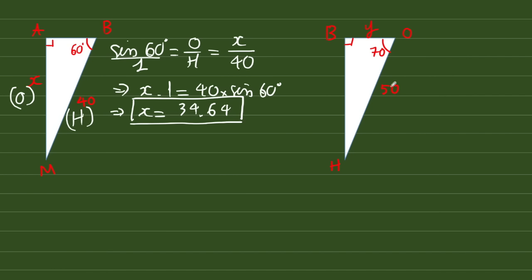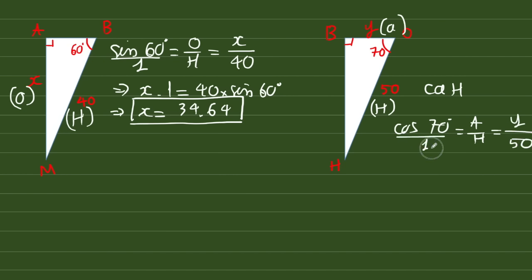Okay, for this side you have the hypotenuse, this one is adjacent, and so we use cosine. Cosine 70 equals adjacent divided by hypotenuse. Adjacent is y, hypotenuse is 50.